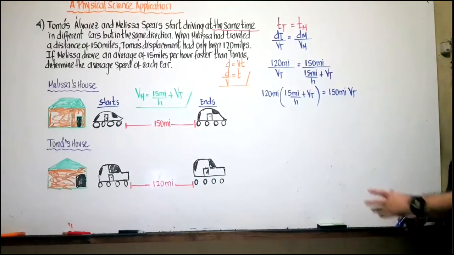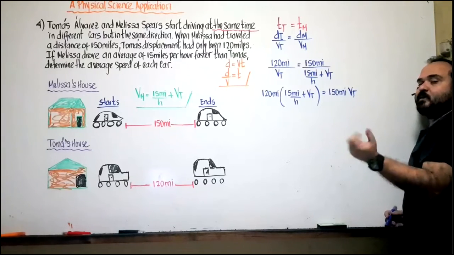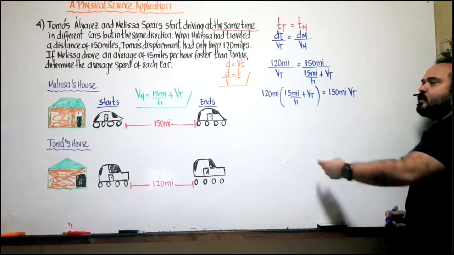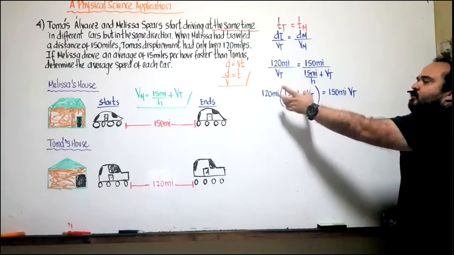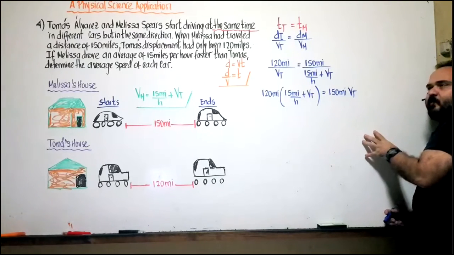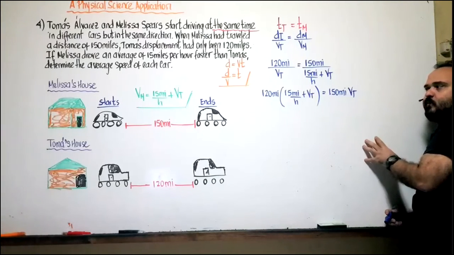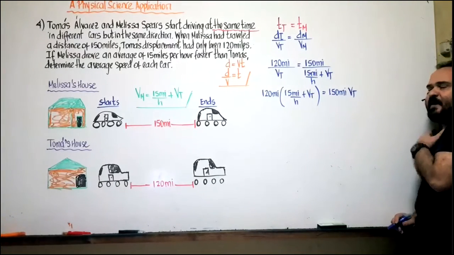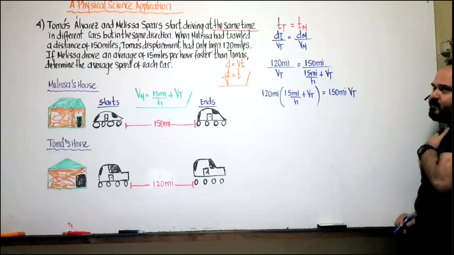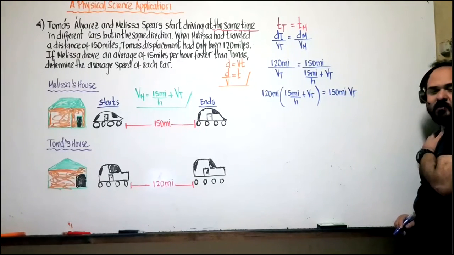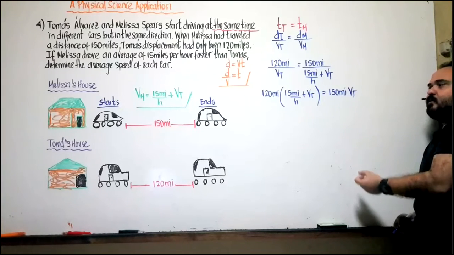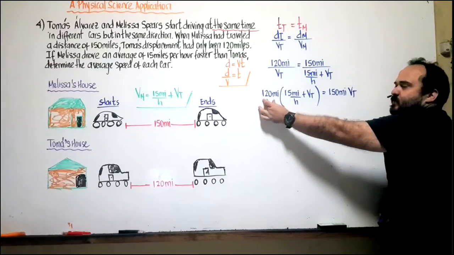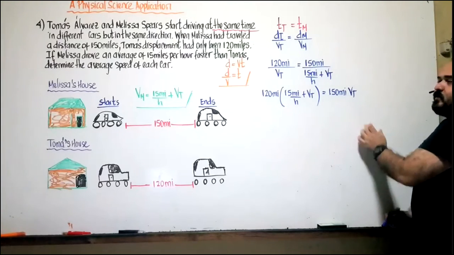Until this moment, we can proceed in two ways. The first one, we can apply the distributive property and solve for like terms. This is one way. And if you want to simplify this expression, in my case, I'd rather apply this method, because 120 can be multiplied, it can pass to divide.